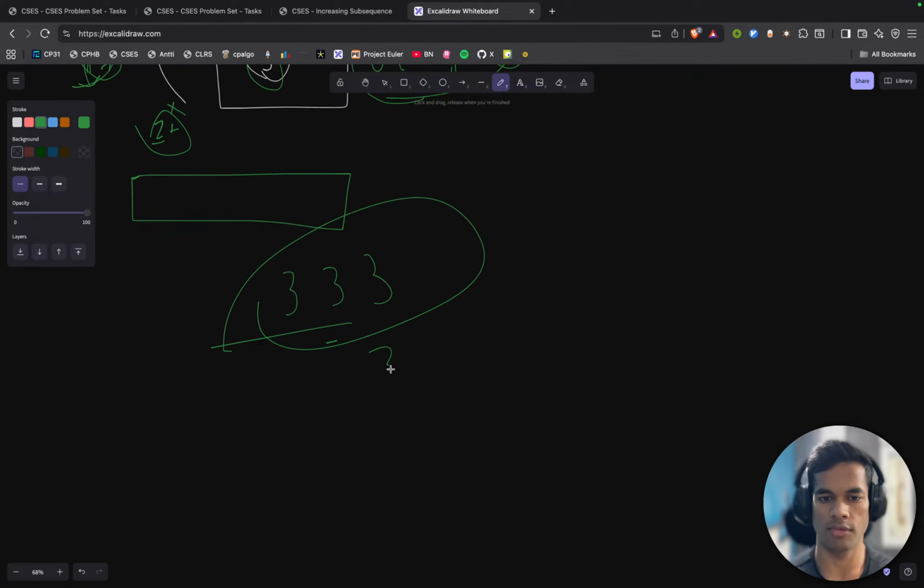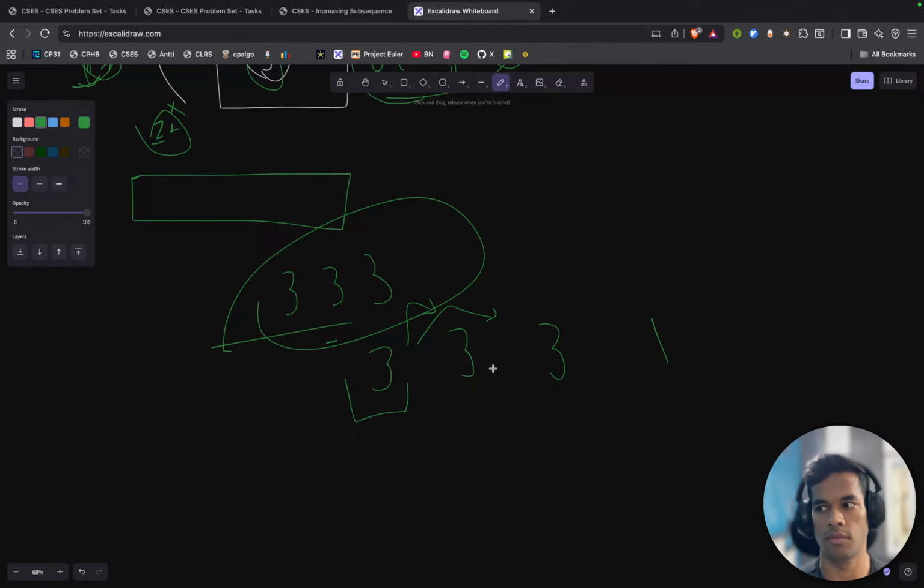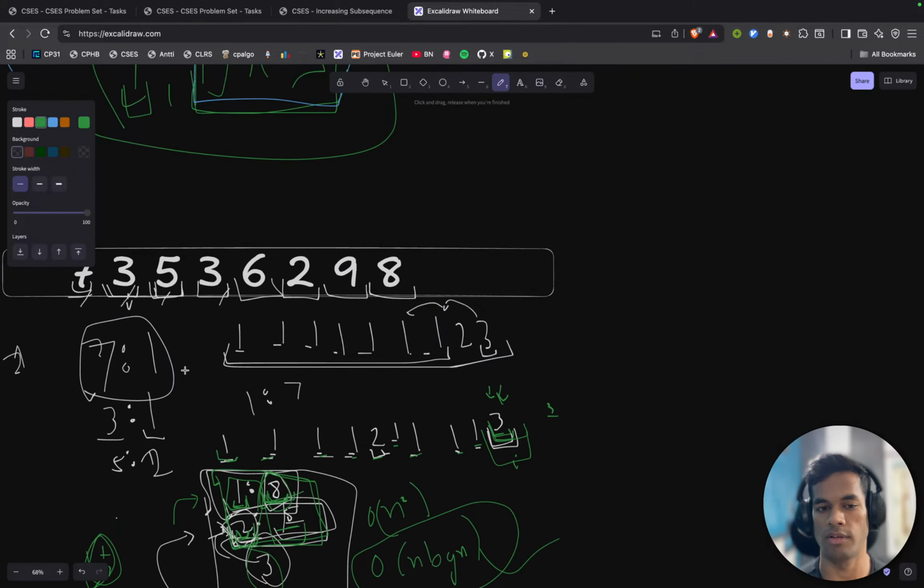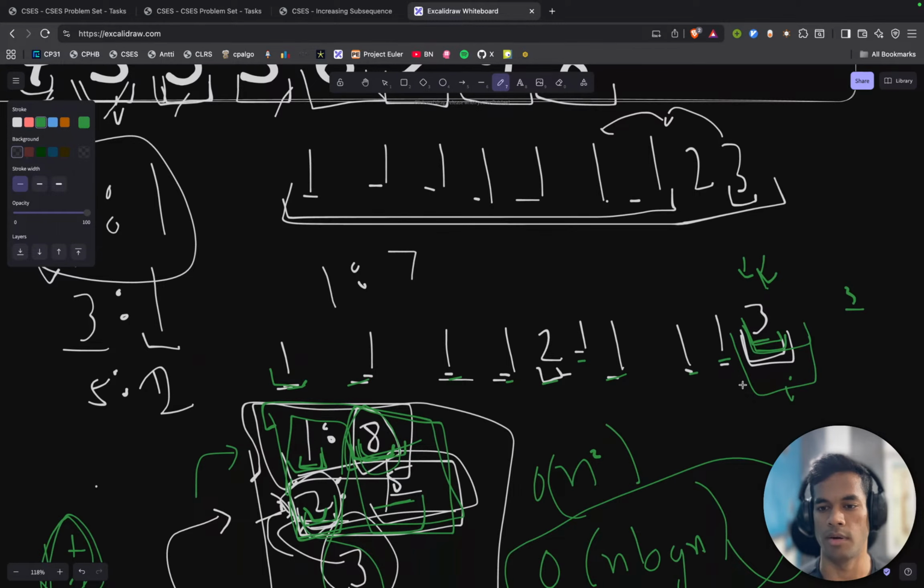Because what if we have a sequence like this, 3 3 3 1, and I am currently here, I should pair this 3 with the 3's, and wait, by smallest we mean the smallest number with which this current number could be paired up, and this number could be paired up with a 1 or with the 2, and the smallest among them is a 1.